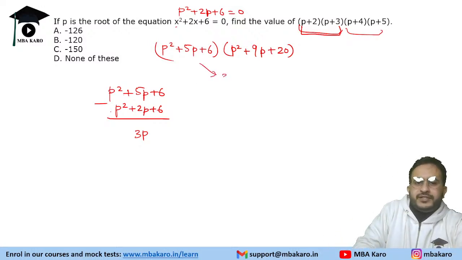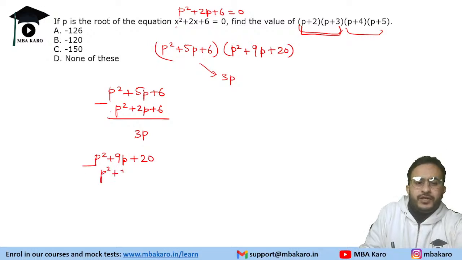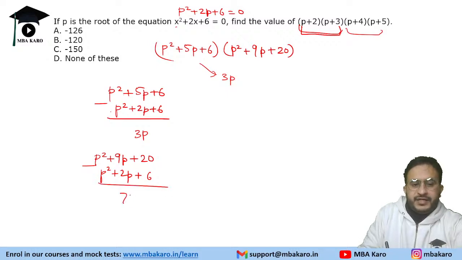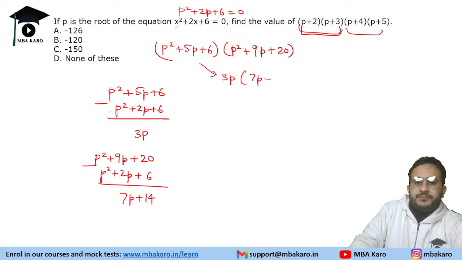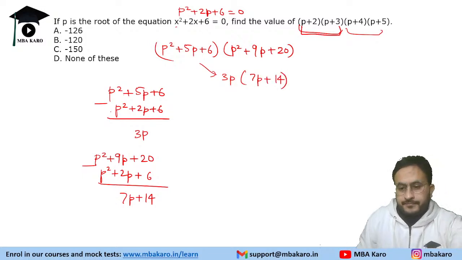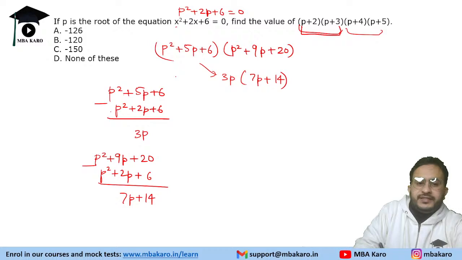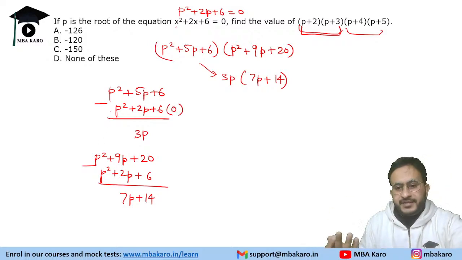So this value is equal to 3p. Similarly, if we subtract p square plus 2p plus 6 from p square plus 9p plus 20, we will get 7p plus 14, because this part is 0 and subtracting 0 from some number leaves it the same.